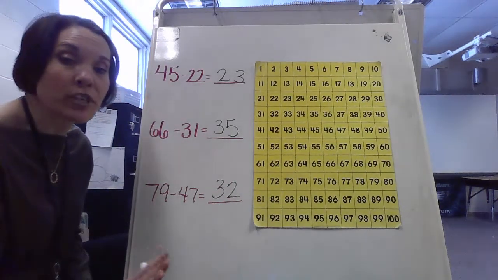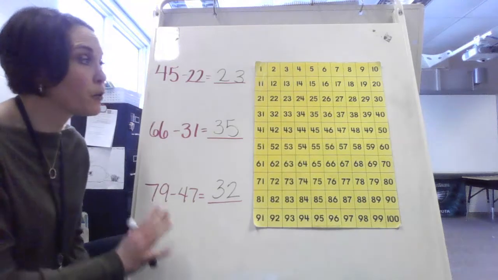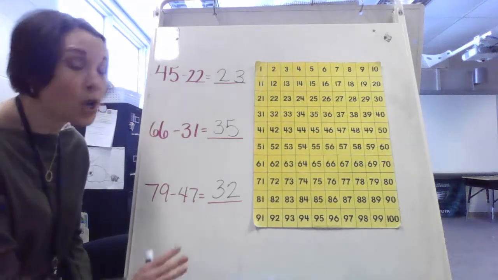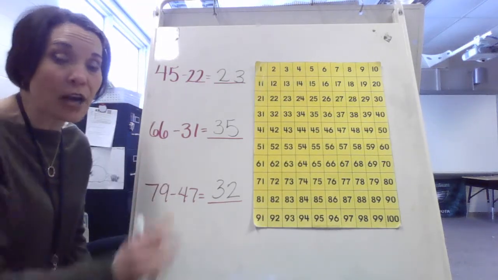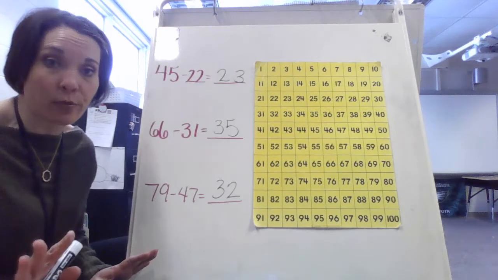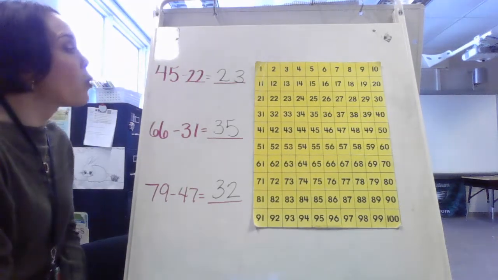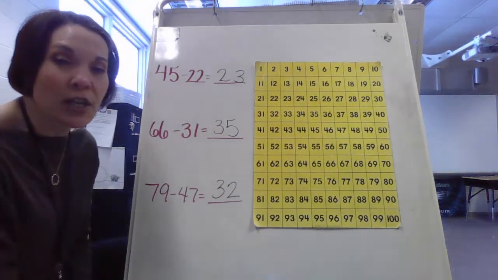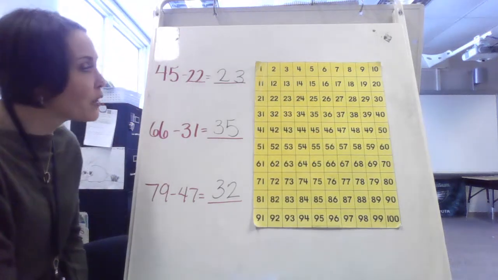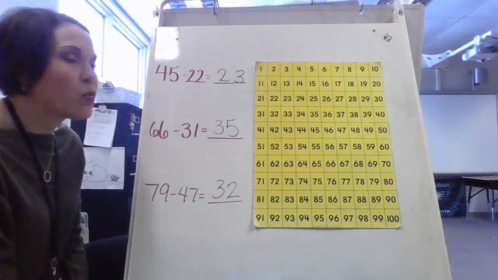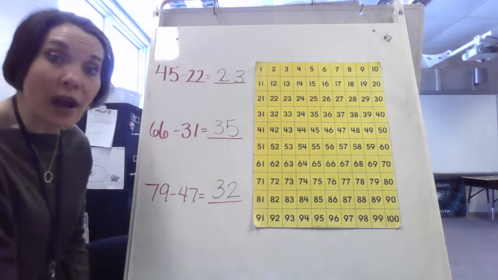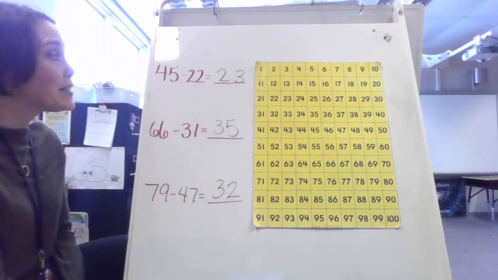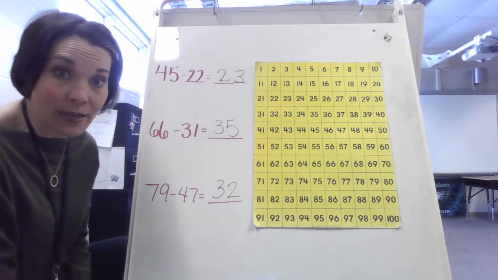So that's really the traditional method for using my hundreds chart to solve subtraction, going straight through. Now, what I want to do is change things up a little bit. Maybe you're the kind of person who might want a more challenging strategy, which we could say is counting on.